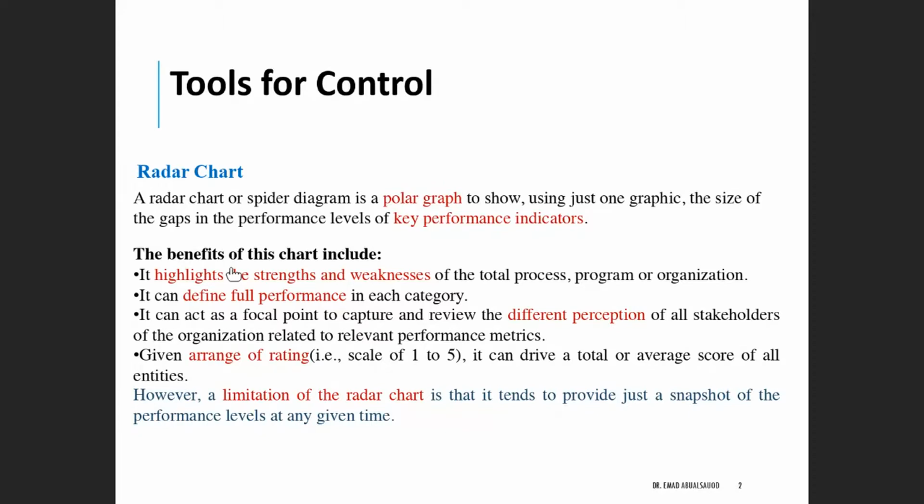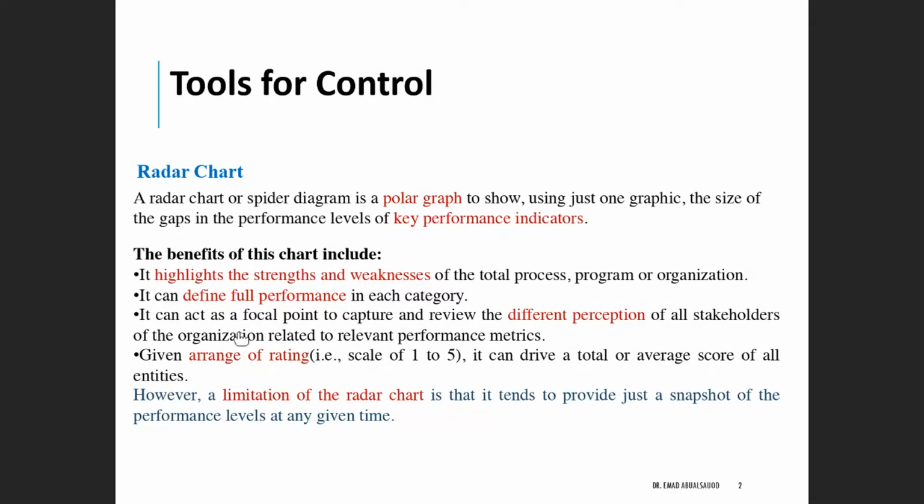It is different from, for example, the run chart or control chart, which provide the performance or the measures over a period of time, not at a certain point of time, so you can detect and trace the historical data. This is maybe one of the limitations of the radar chart: it works at a certain point of time.